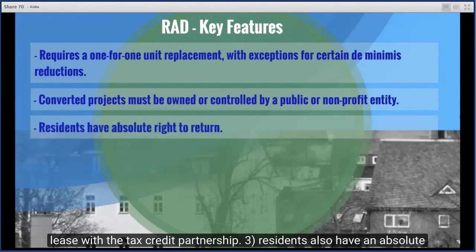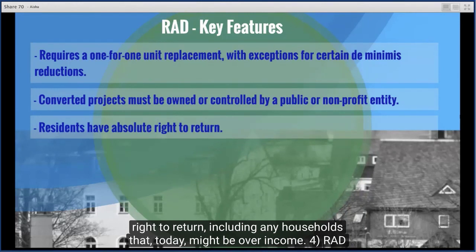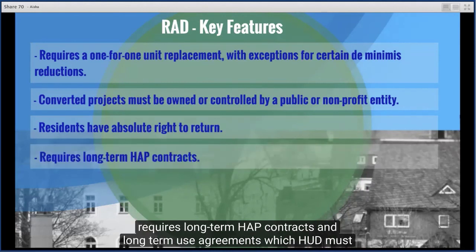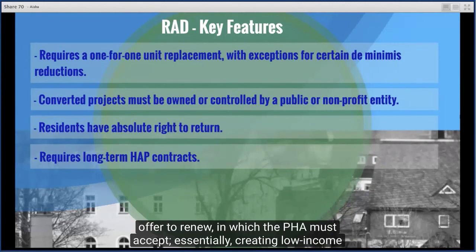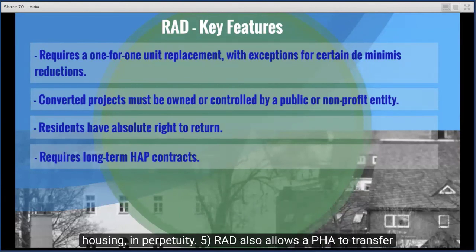Three, residents also have an absolute right to return, including any households that today might be over income. Four, RAD requires long-term HAP contracts and long-term use agreements, which HUD must offer to renew, and which the PHA must accept, essentially creating low-income housing in perpetuity.